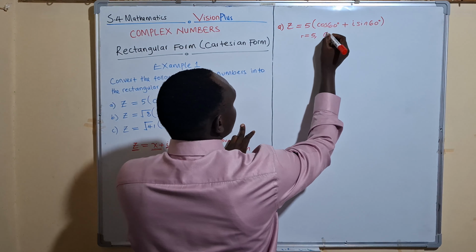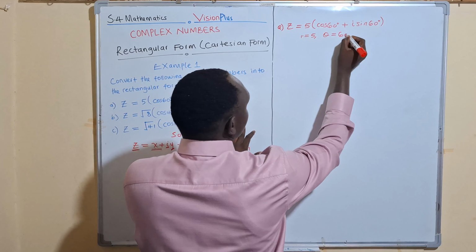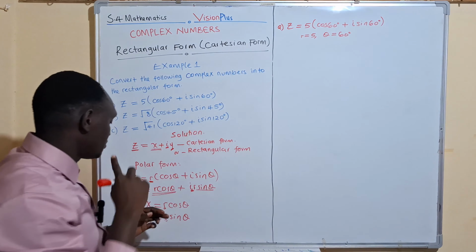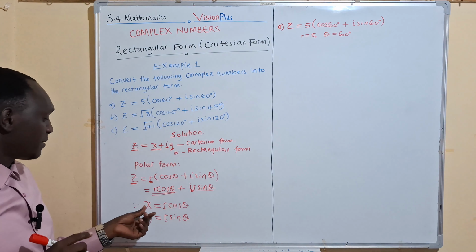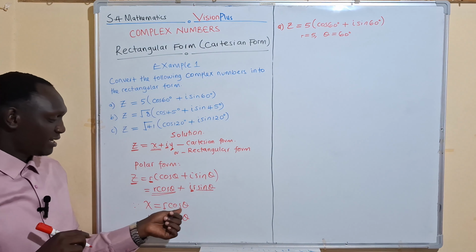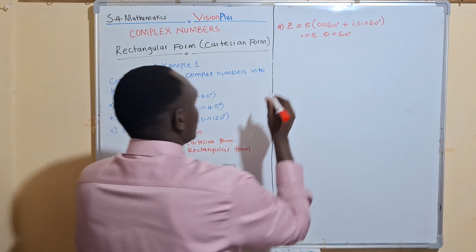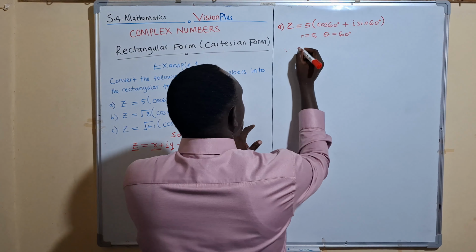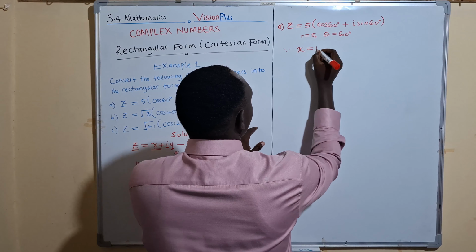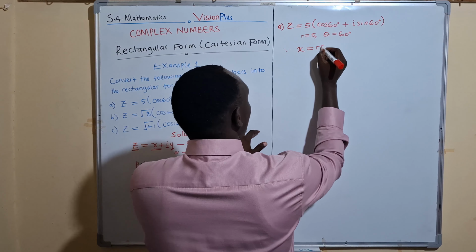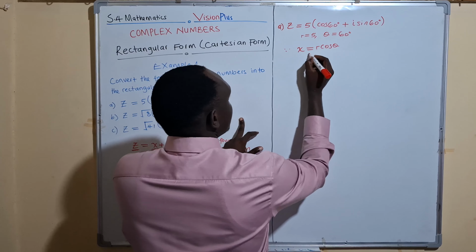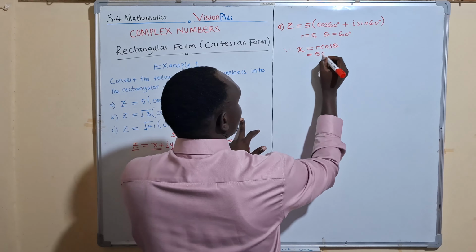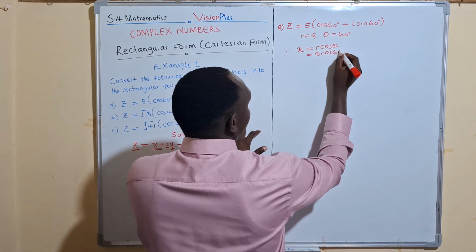What is the angle theta? Theta here is 60 degrees. So to get x and y, we just substitute for r and the angle. Therefore x, that we know is r cosine of theta, means we shall have 5 cosine of 60 degrees.